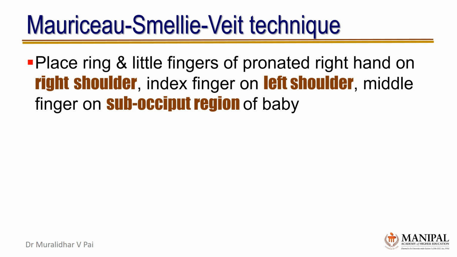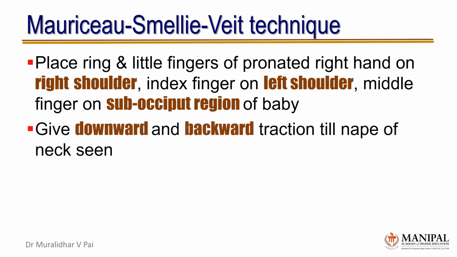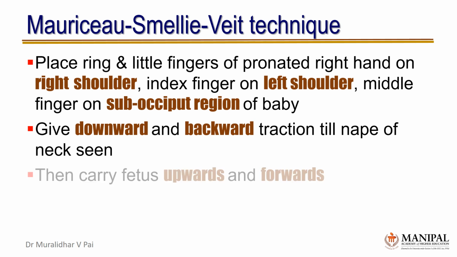The middle finger is kept on the subocciput region of the baby to facilitate more flexion of the head. And then a downward and backward traction is performed till the nape of the neck is seen. Finally, the baby is carried upwards and forwards to deliver the head.